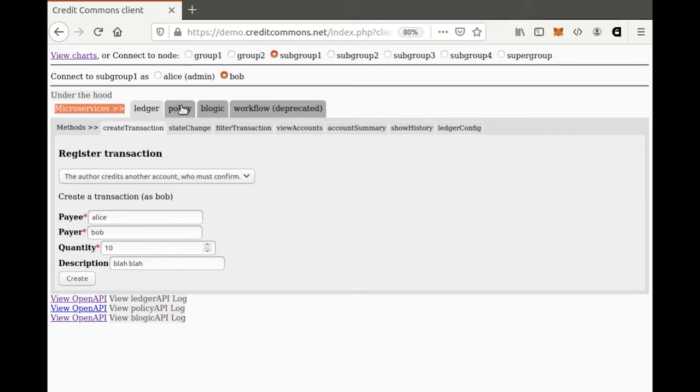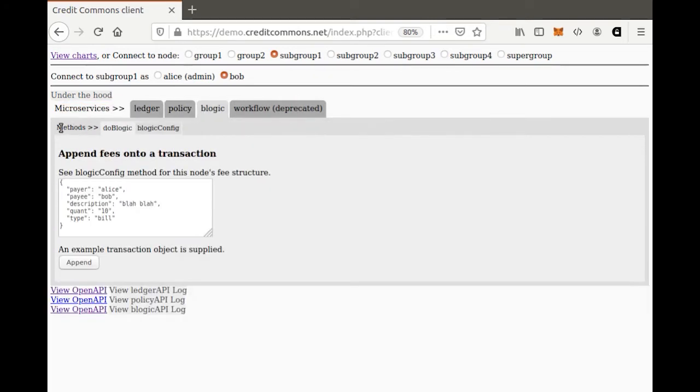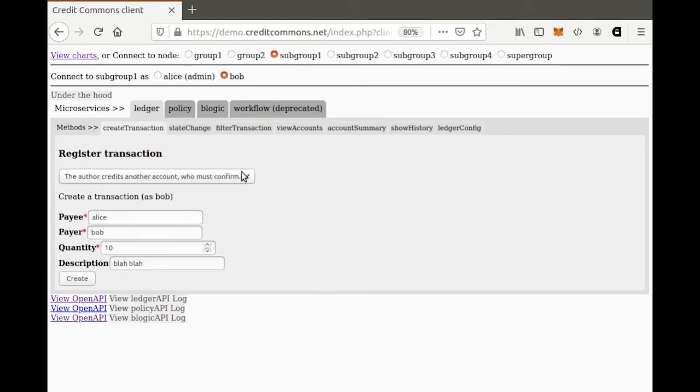And then for each microservice you can see that there are methods. And so the idea is, behind this user interface, it just helps you generate a valid request, and then it will show you the response. At the bottom of the screen you can see the OpenAPI specifications.